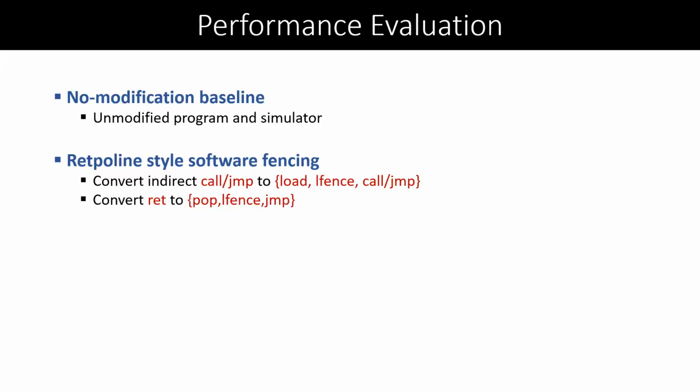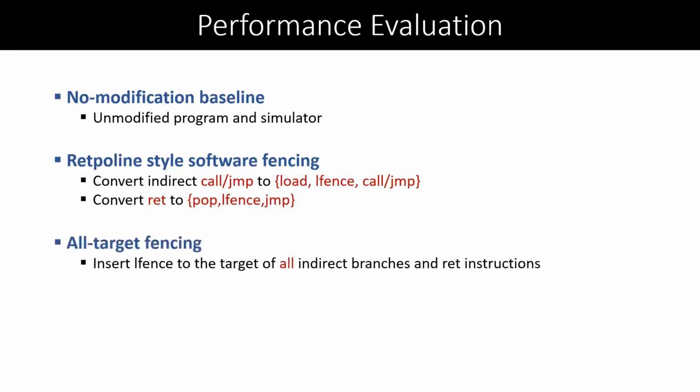With the same approach for securing the backward edge, we replace any return instruction with a sequence of pop, lfence, and jump instructions. The last approach is all-target fencing, where we show one implementation with an lfence inserted in the hardware at the target of each indirect branch and return.